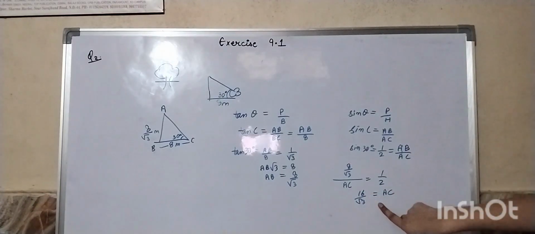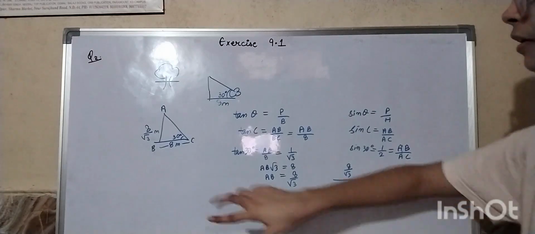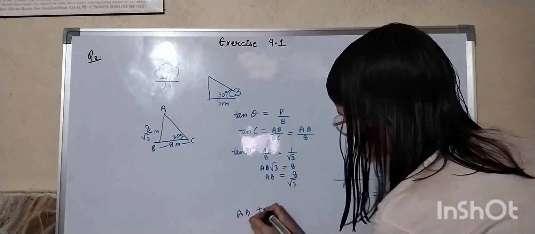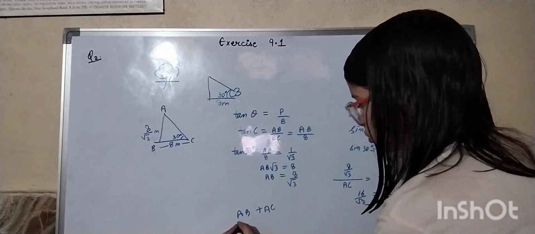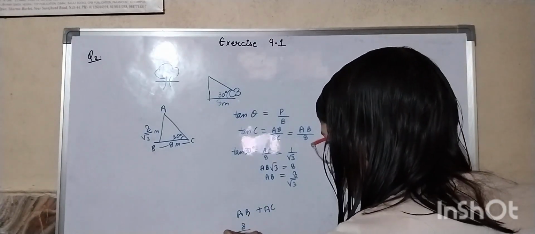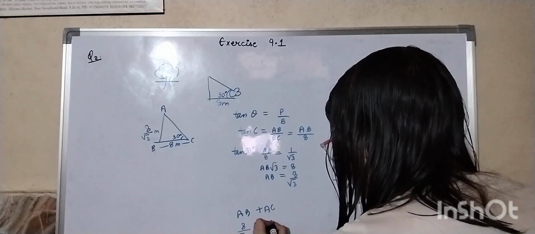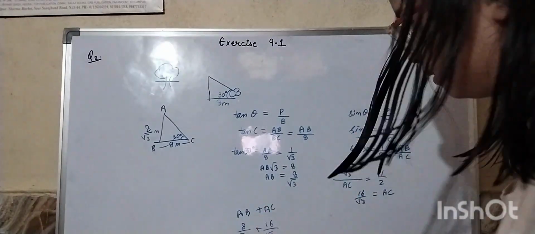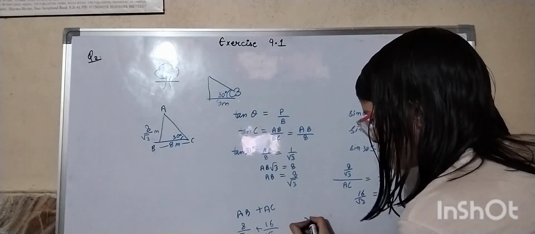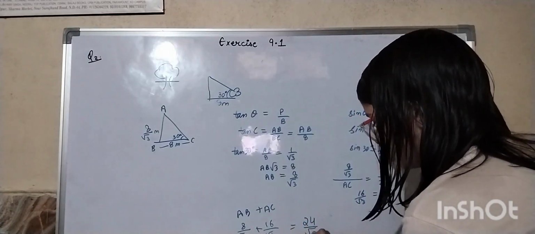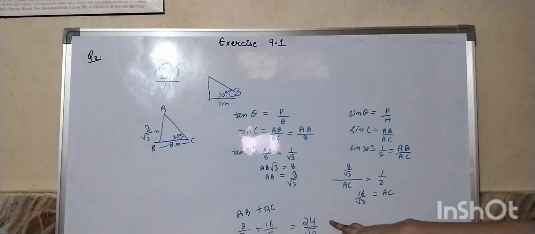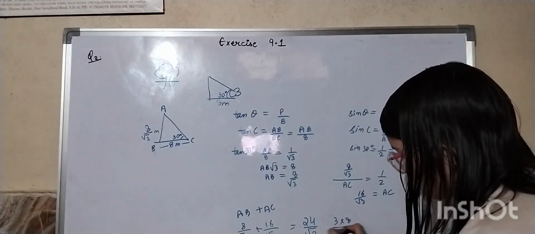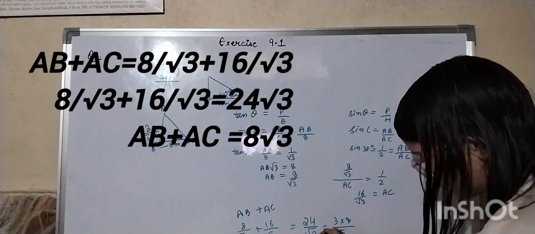So this is the height of AC and this is the height of AB. So what is the height of the triangle? It is AB plus AC. So we can write 8 upon root 3 plus 16 upon root 3, which is actually the height of the triangle, equals to 24 upon root 3, and we can write 24 as 3 into 8 upon root 3.